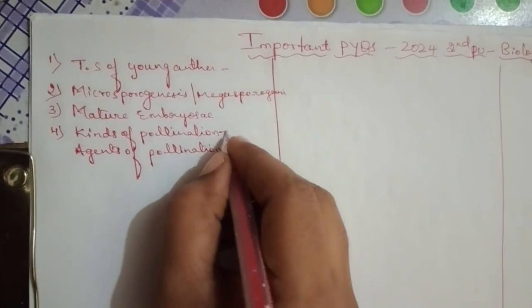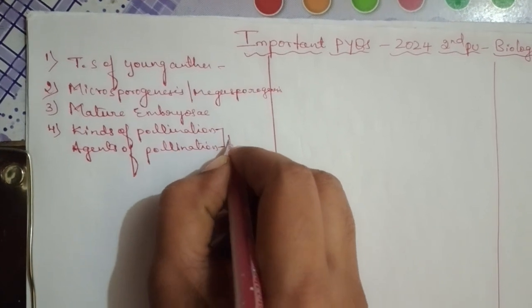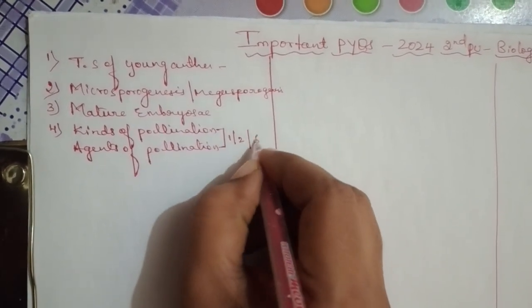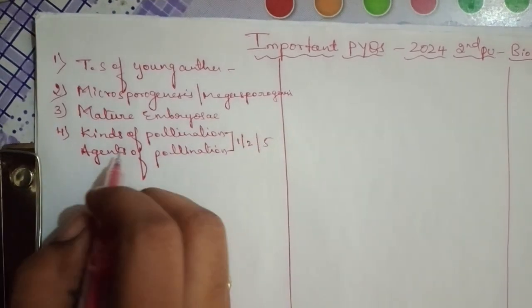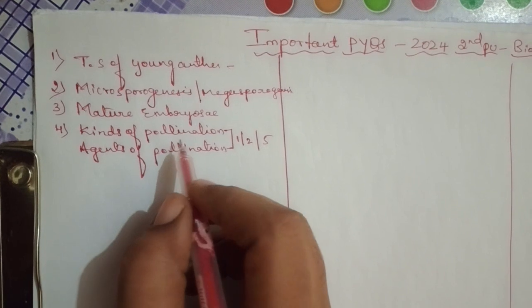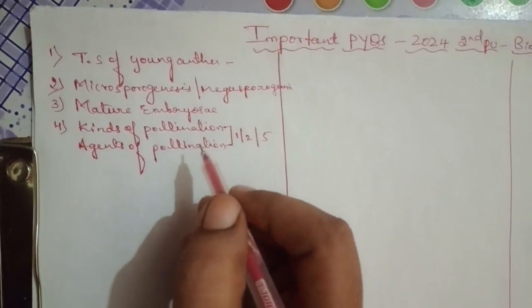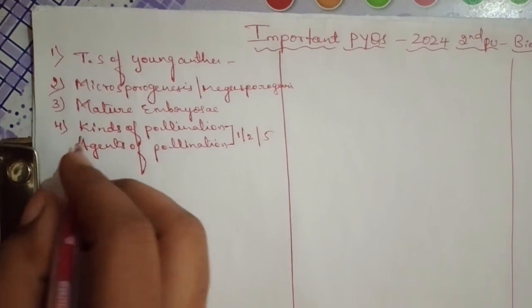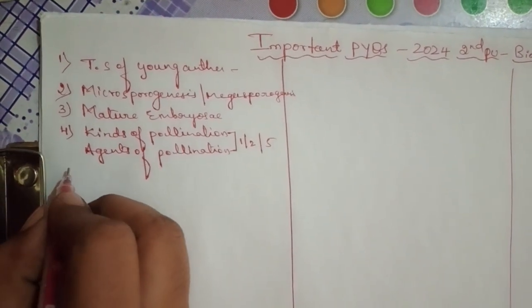So you have chances of 1 mark and 2 marks questions, and even 5 marks chances from this concept, because they can ask the difference between cleistogamous and chasmogamous.